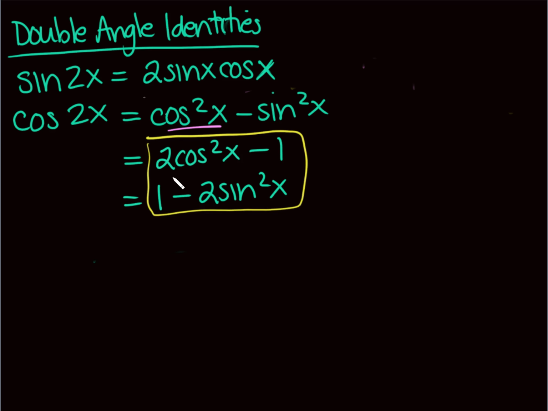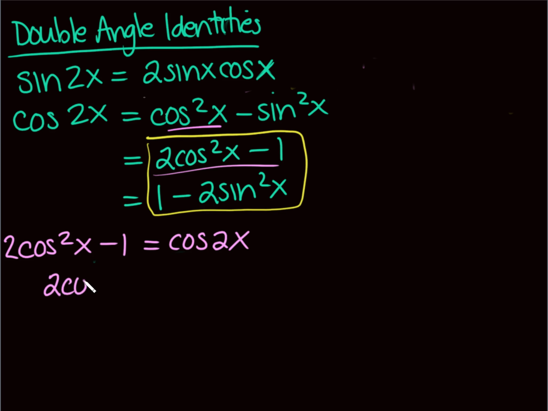First of all, let's look at this relationship here. I know that 2 cosine squared x minus 1 is equal to the cosine of 2x. So I'm going to solve for cosine. If I add 1 to both sides, I get 2 cosine squared x equals cosine of 2x plus 1.